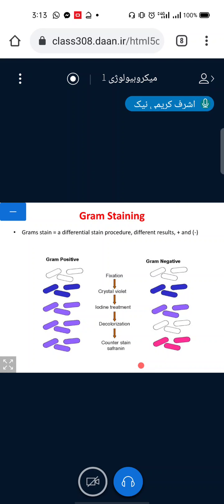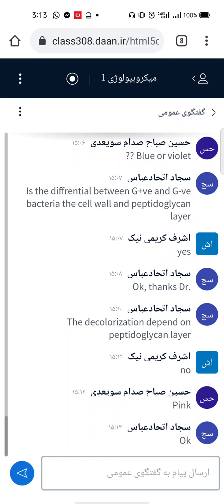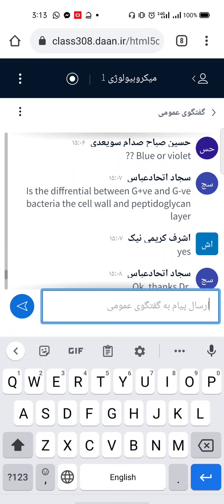No, it's related to the outer membrane layer in gram-negative bacteria, to lipid material, for example lipopolysaccharide, lipoprotein, and phospholipid in the outer membrane.